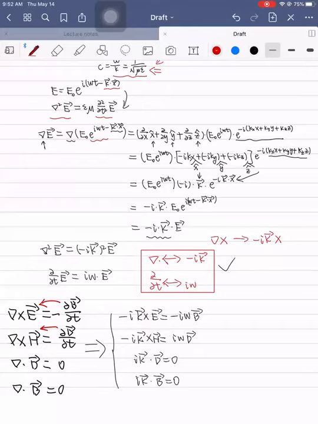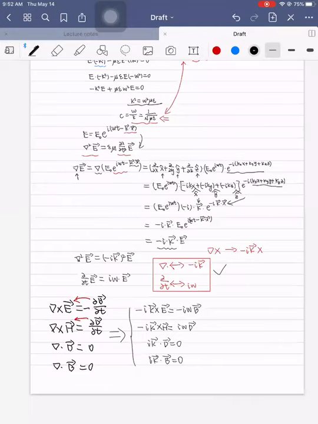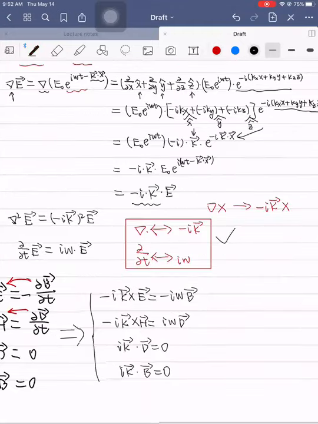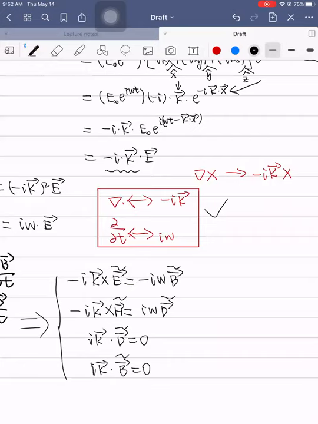since all these four quantities, E, B, D, H, can be complex numbers. Because in our particular solution here, the E can be a complex number. So I wanted to add this notation to represent that these four quantities can be complex numbers. So let's look at these four equations.